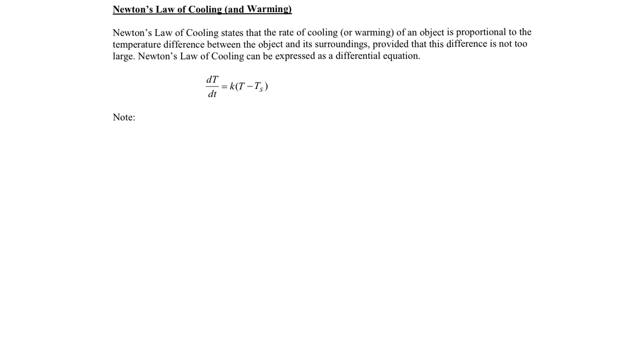And Newton's law of cooling can be expressed as a differential equation. So again, we've got an equation as a derivative, so it's a differential equation. And just to point out all the variables here, T sub S is the temperature of the surroundings.